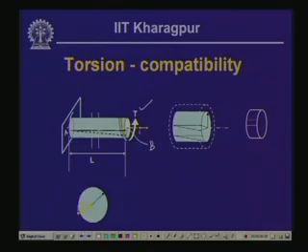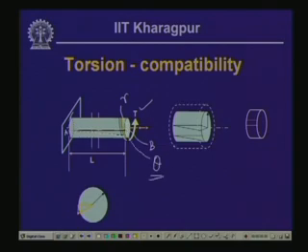Because of the application of the twisting moment, it will undergo rotation and this helix line will be formed, and thereby if this is the radius which we call radius r of the cross section, it will simply change and there will be a deformation angle, which we call theta.